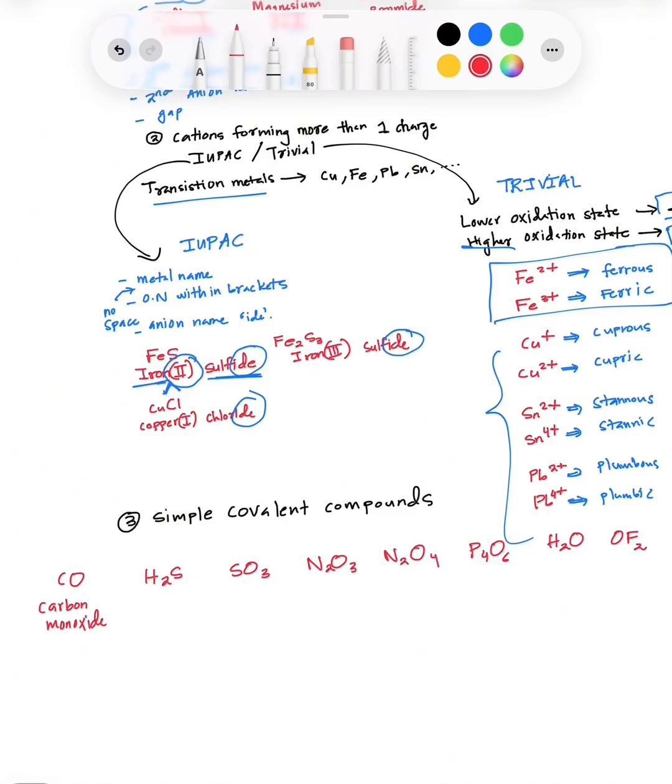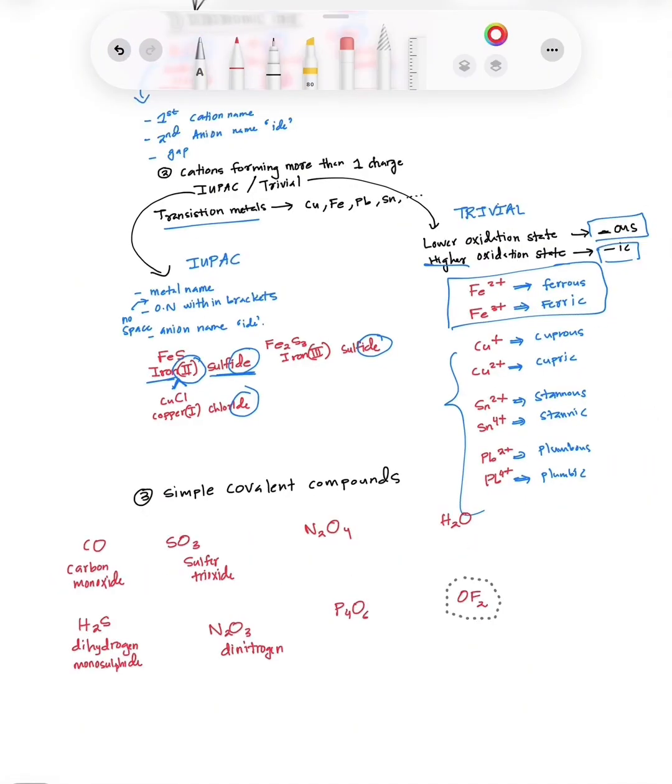This is dihydrogen monosulfide. And this is sulfur trioxide. This is dinitrogen trioxide. And this is dinitrogen tetroxide.